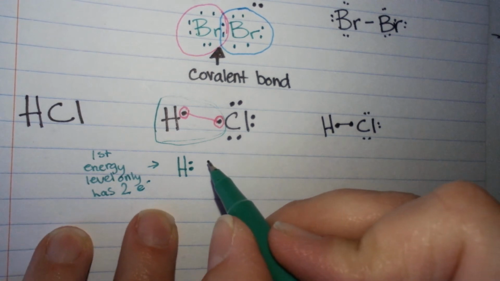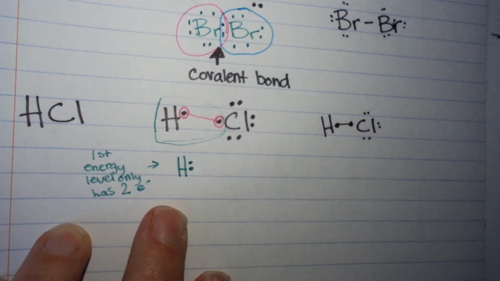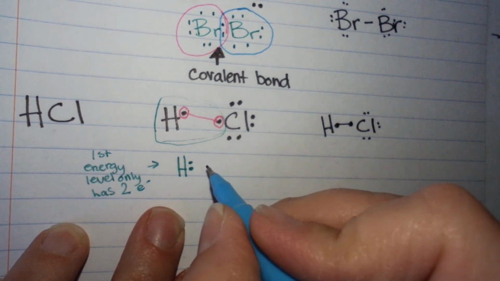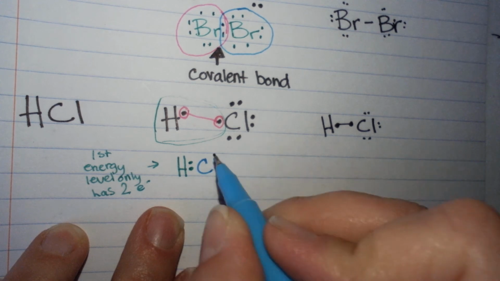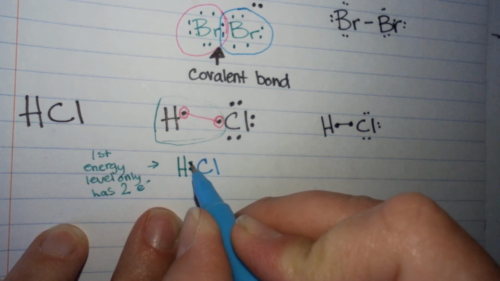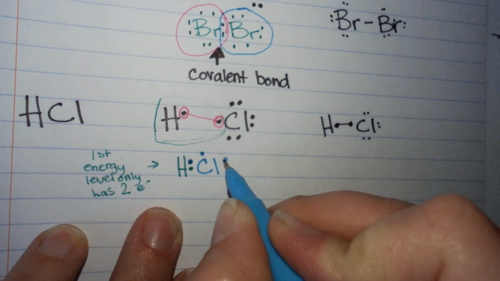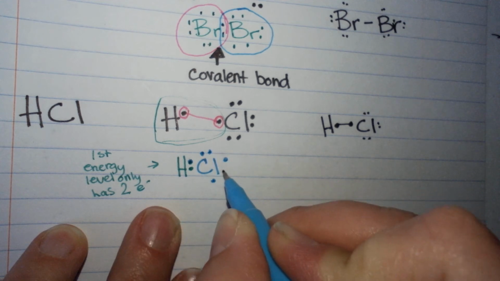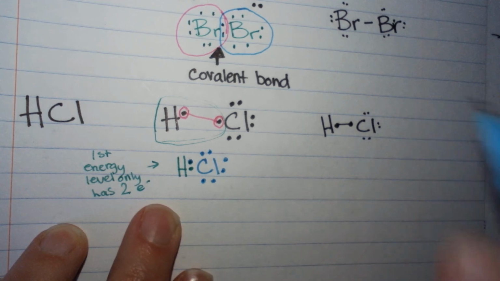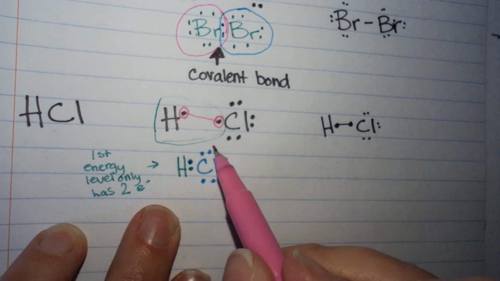Alright, and then we look at chlorine. Stick it in here. Chlorine, we have 1, 2, 3, 4, 5, 6, 7. We look at what it has.